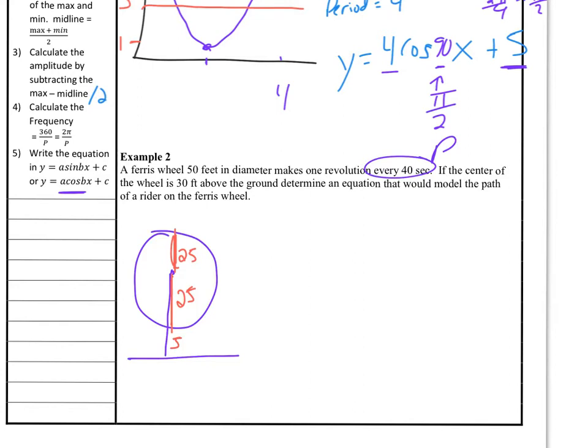So from there, I think we can draw this picture and then hopefully come up with the equation pretty quick. So go all the way down to here, go all the way over. Here is my max, here is my min. So my minimum is going to be down to 5. My max is going to be up 5 plus 25 plus 25, which is 55.